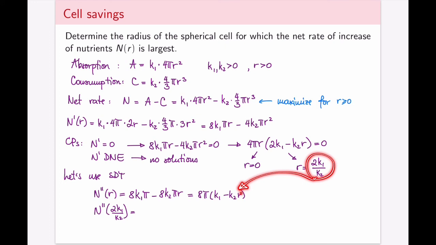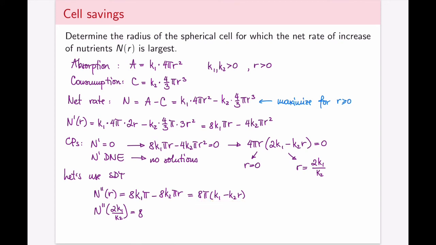Let's take a look at this quickly. So I'm going to have k1 minus k2 times 2k1 over k2. Notice that k2s will cancel out, and I'm going to have k1 minus 2k1. 1 apple minus 2 apples is minus an apple. So this entire bracket will become minus k1. And then I have to multiply it by 8 pi.